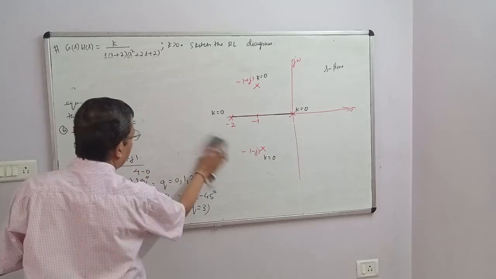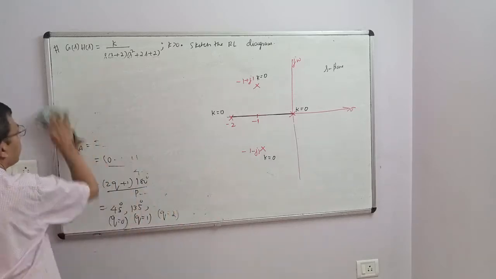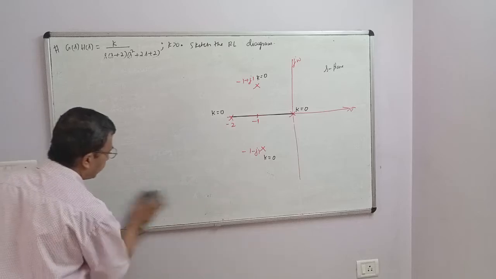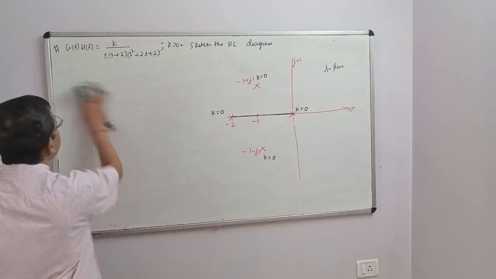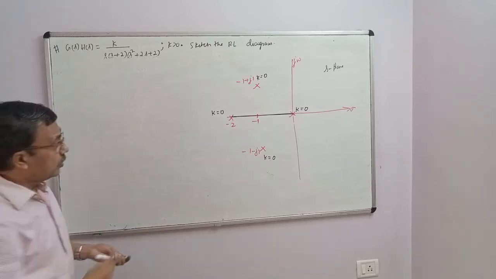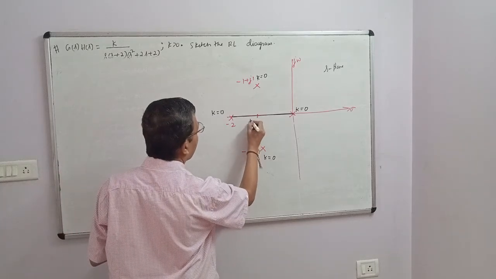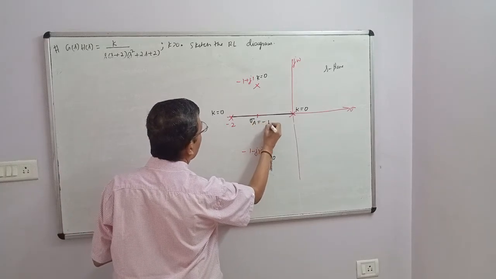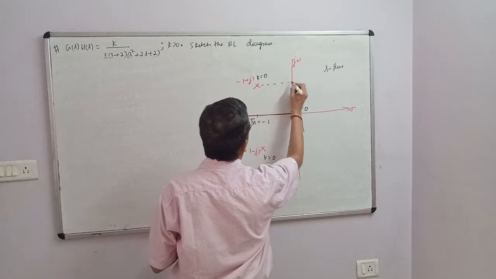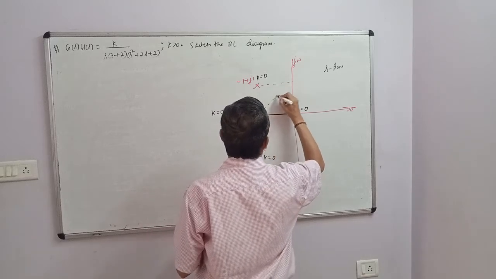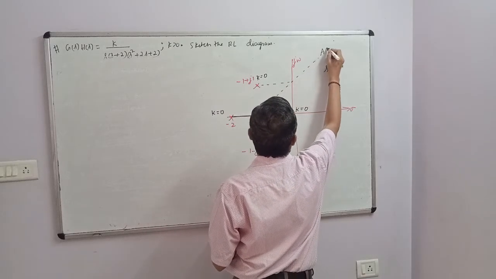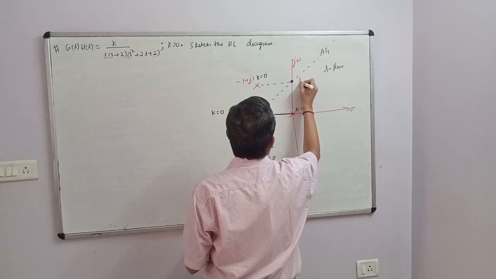Now let me sketch the asymptotes. This is sigma A. Sigma A is equal to -1. This is asymptote number 1. It crosses the imaginary axis at j1.